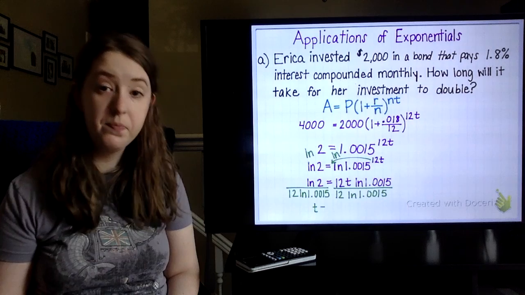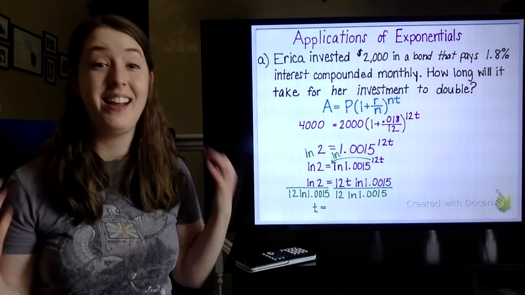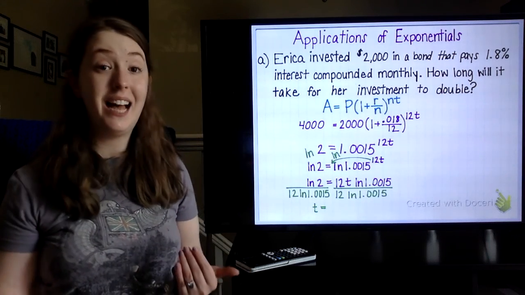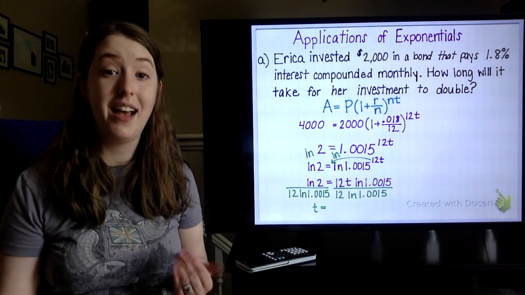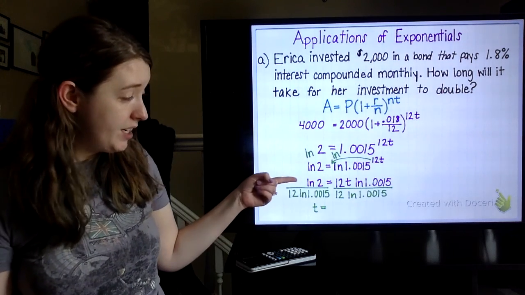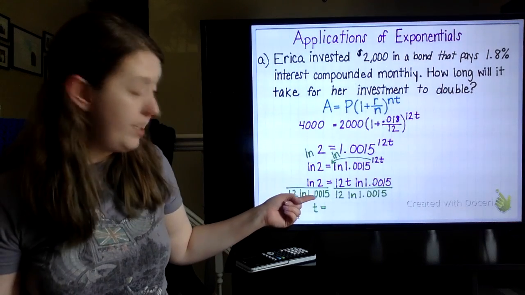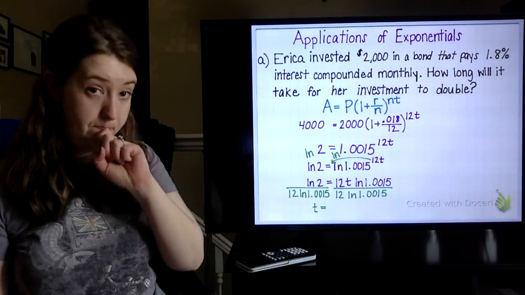If somebody is asking you for an exact value, a lot of times problems will ask for that. The exact value is right here: the natural log of 2 over 12 times the natural log of 1.0015.